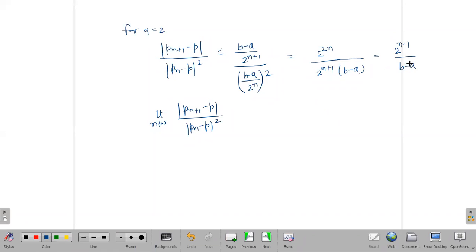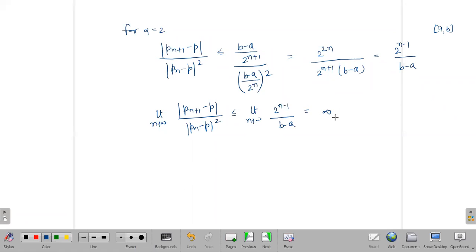B and A are both finite, we are taking a finite interval, so B - A is a finite quantity. Here 2 is greater than 1, and it is a power of n-1 with n going to infinity, so this is approaching infinity.